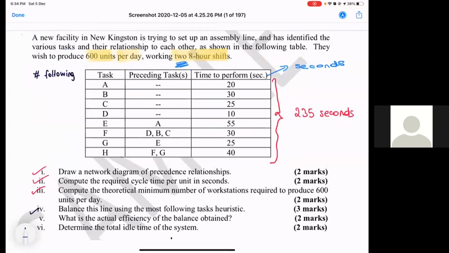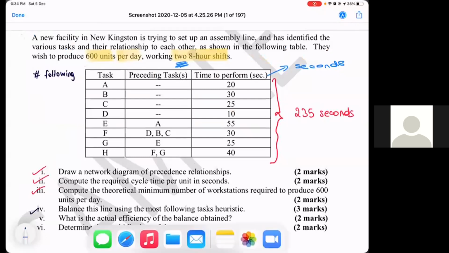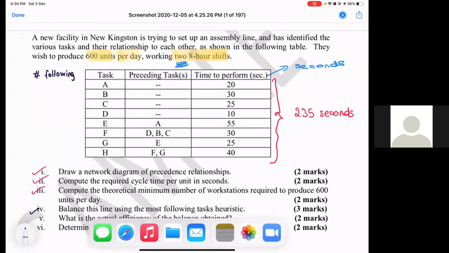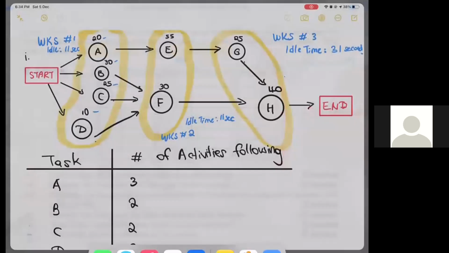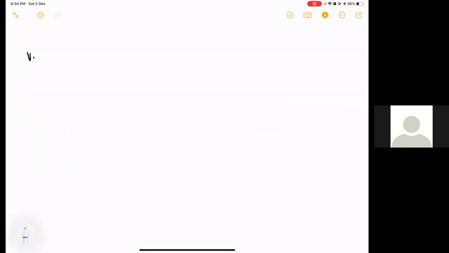All right. Efficiency. Let's just change this to 5. All right.